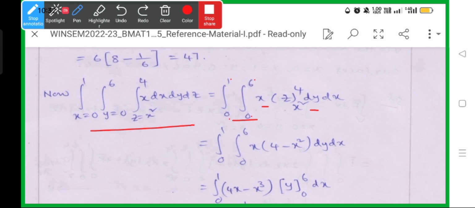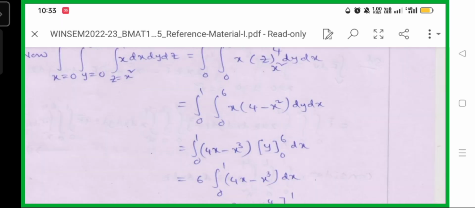Okay, so now integrating with dy. Here the integration of z dz becomes z, and the limits for z are x square to 4.